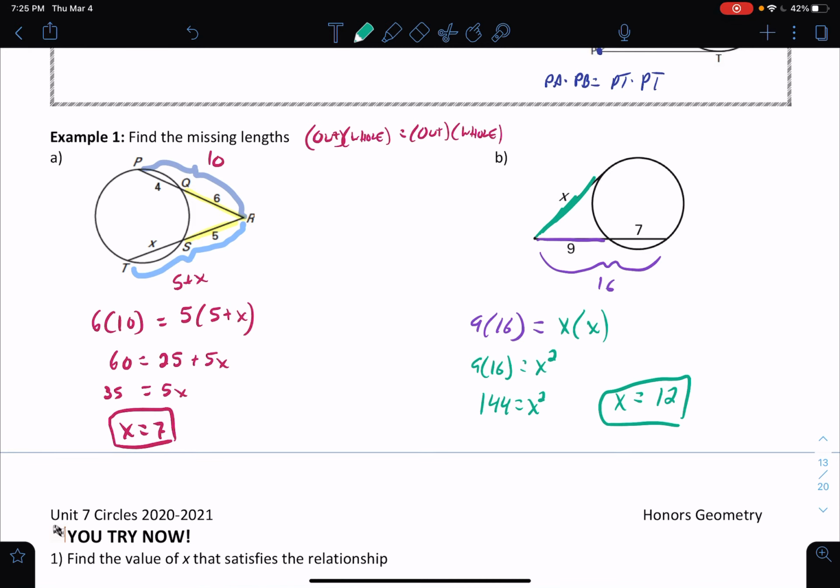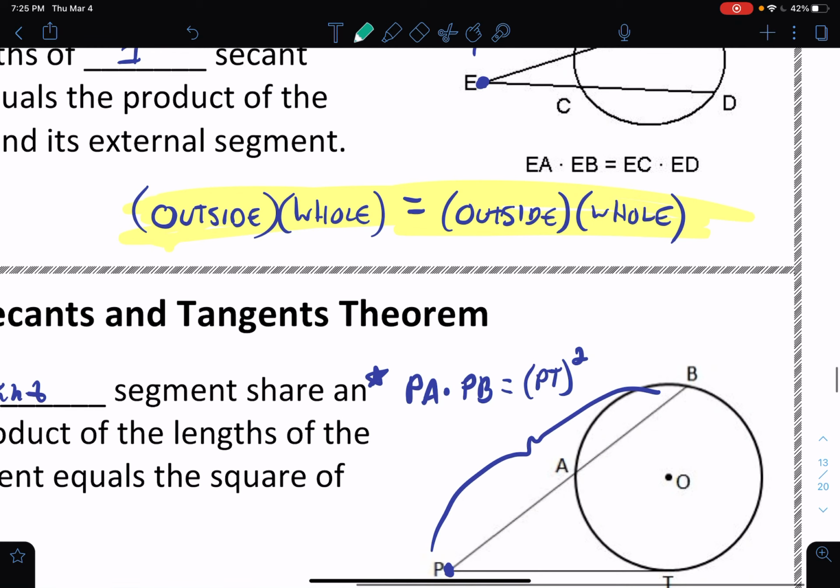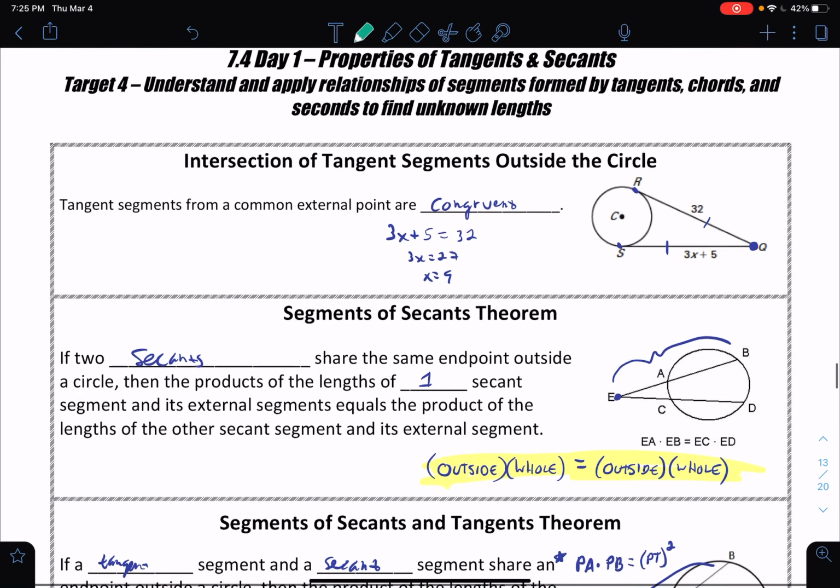So just make sure you have this relationship highlighted, put it on a note card, whatever you need, so that you know when you're dealing with segments outside the circle, it's outside times the whole segment equals outside times the whole segment. Alrighty, so that'll wrap up 7.4 day 1, dealing with segments outside the circle.